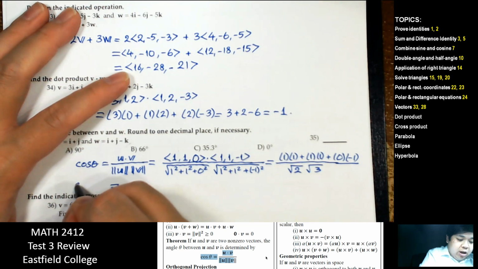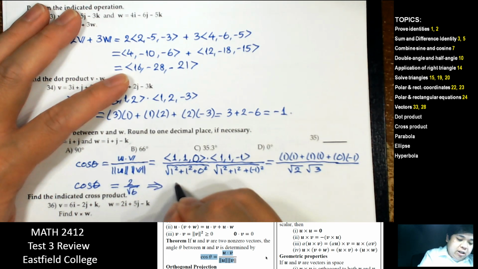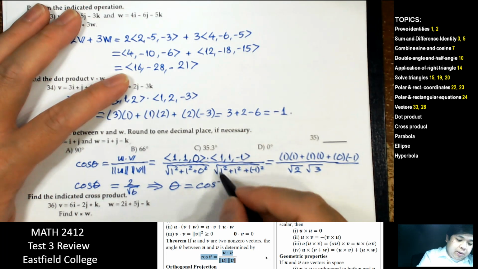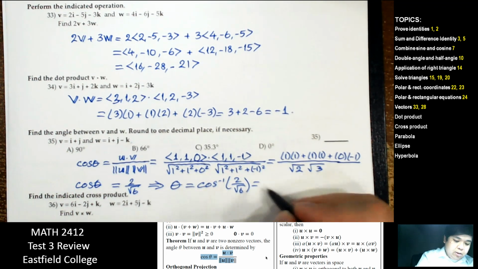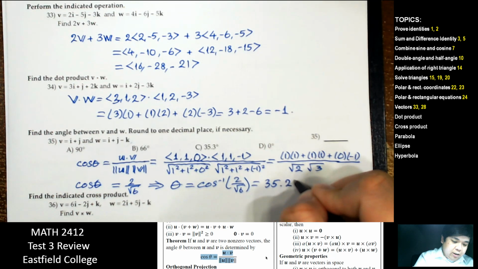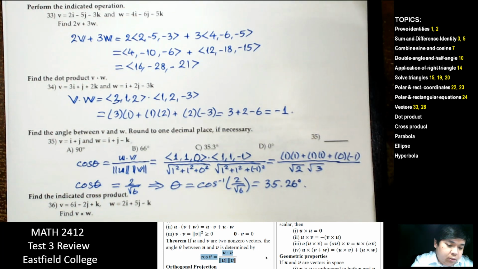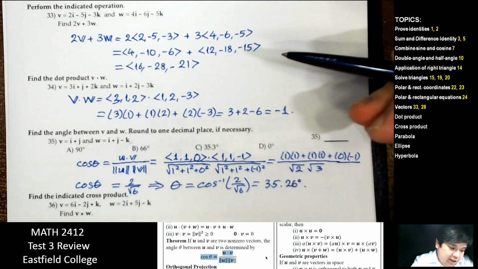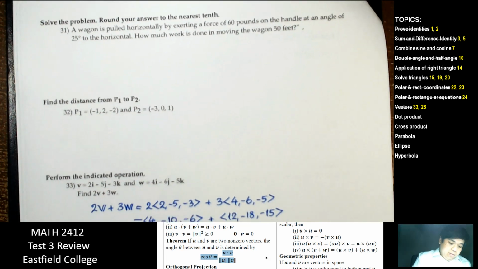So doing all of that, cosine of theta will be 2 over square root of 6, and with that, cosine inverse of 2 over square root of 6 gives us 35.26 degrees. Right. So that is the dot product.